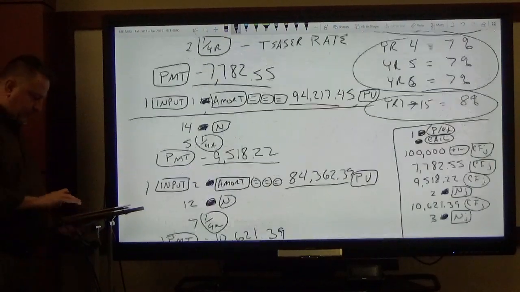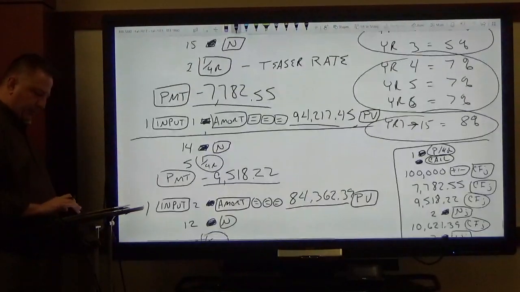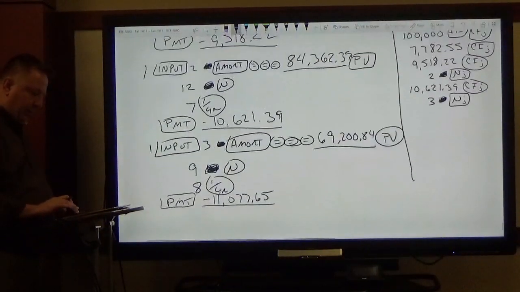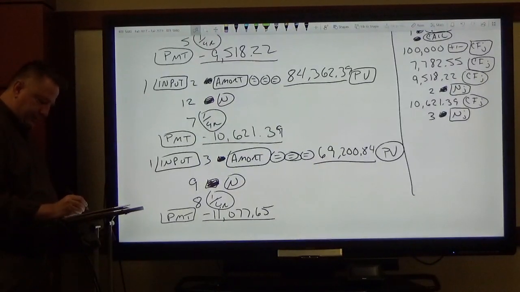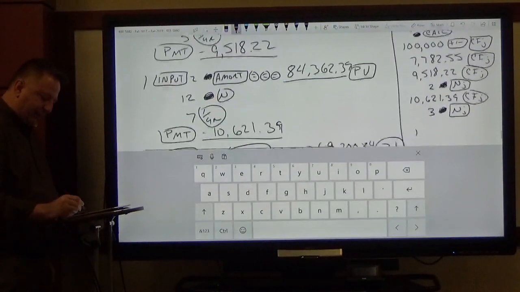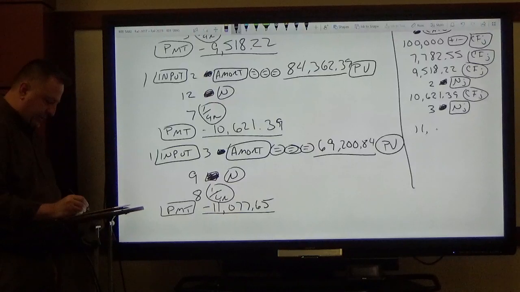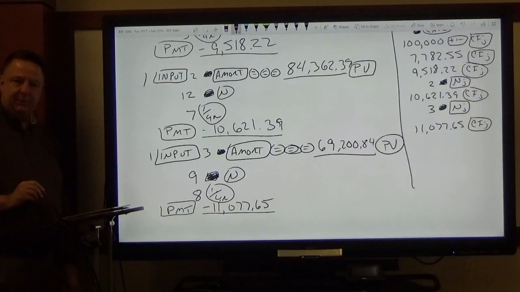And then the 11,077.65 as cash flow, and that cash flow occurs how many times? 9.